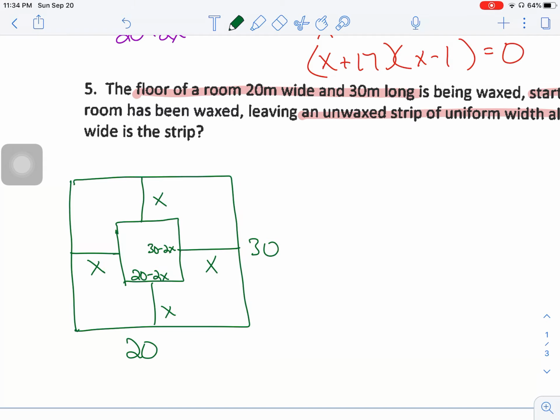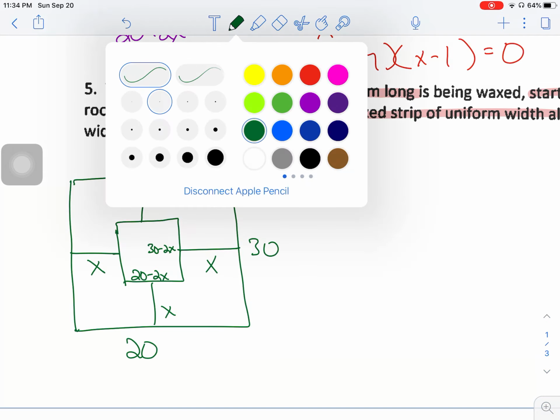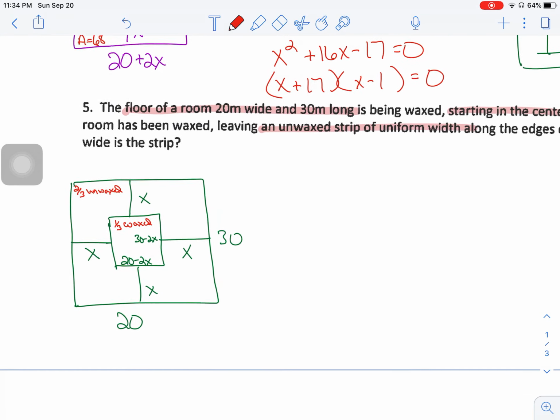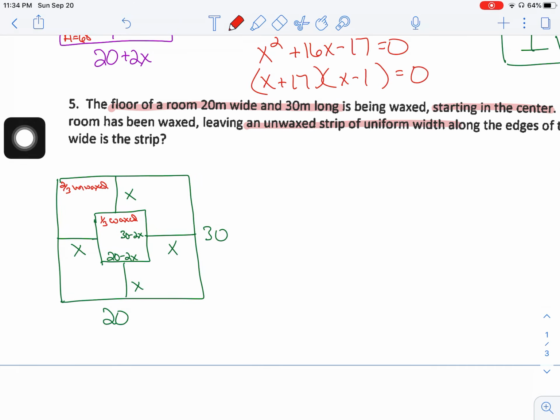Let's see what I know. I know that this is 1/3 waxed, and this is 2/3 unwaxed. If we just focus on the little rectangle, we have 1/3 of the room.